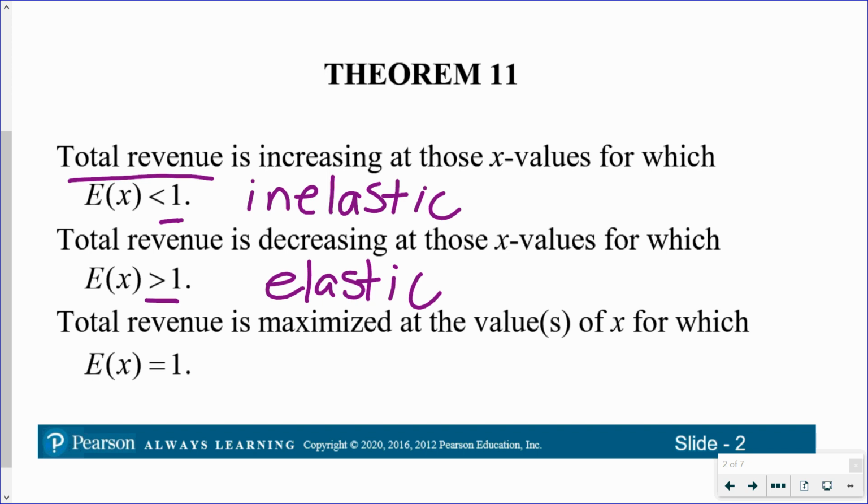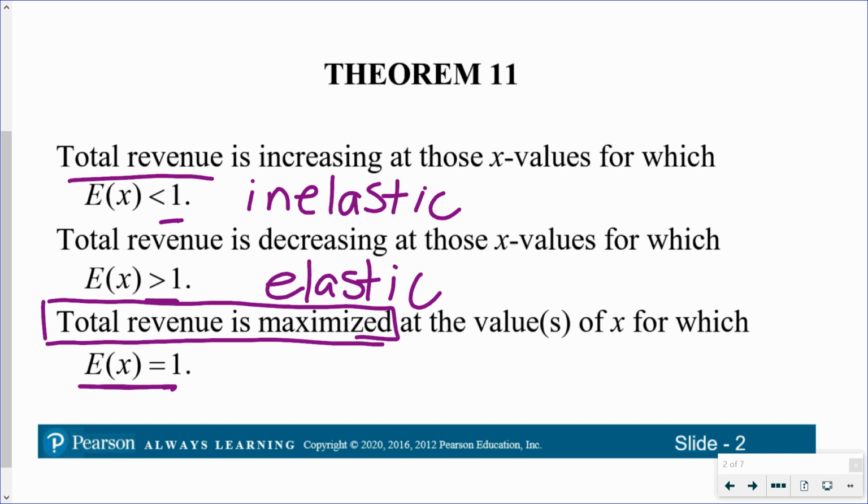Remember, revenue is price times quantity. So the price went up, that portion of that function is higher, but the quantity that's going to be demanded is going to go down. So our total revenue is going to decrease. If we could get E of x to equal 1, then that tells us where total revenue is maximized.